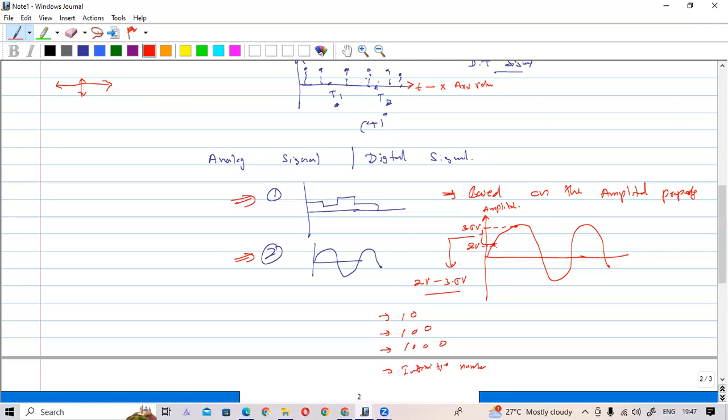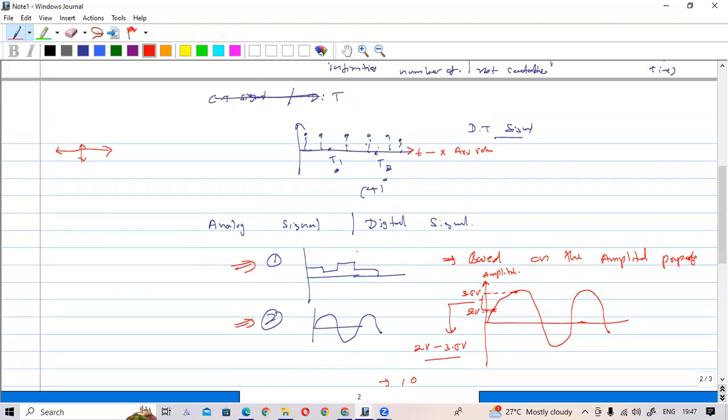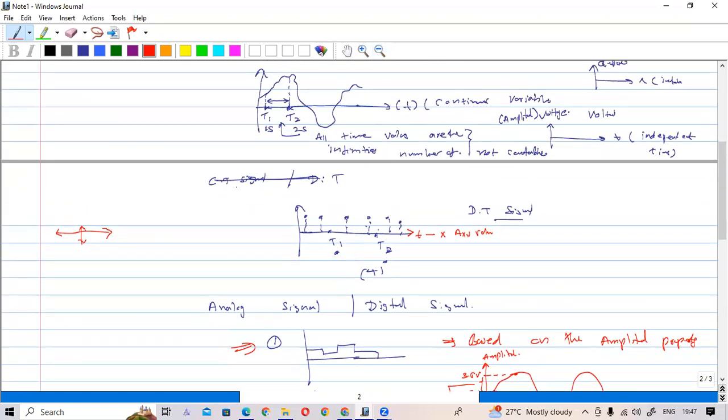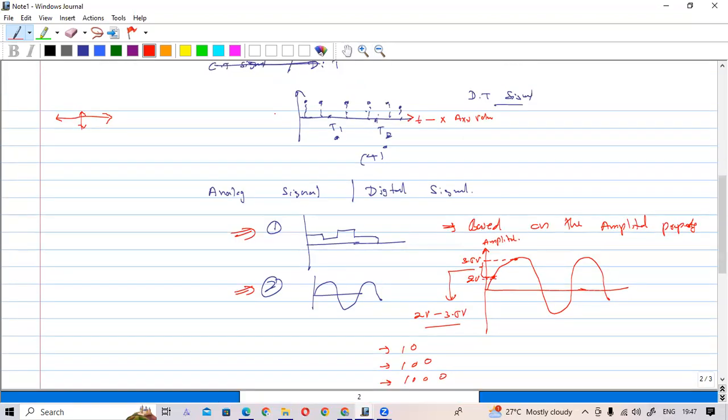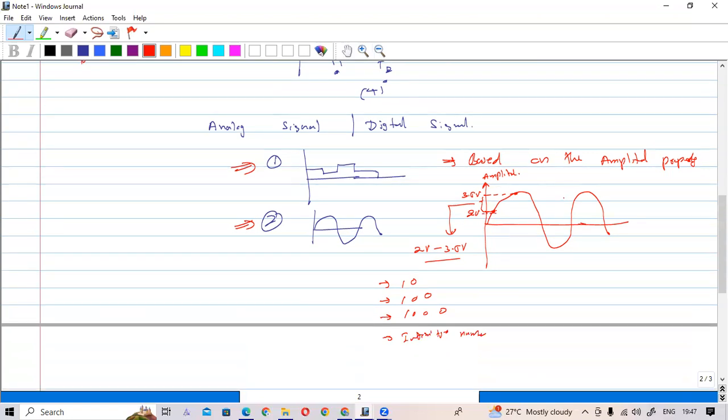How many values are there between this 2 volt and 3.5 volt? How many voltage levels? It is the same as like this. So you can see that all the values are there. The amplitude is a continuous value.